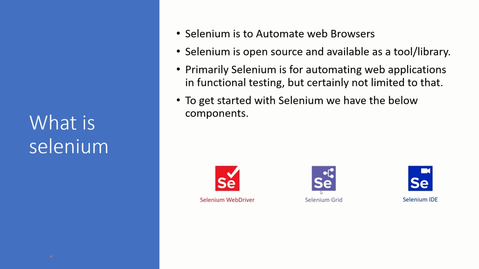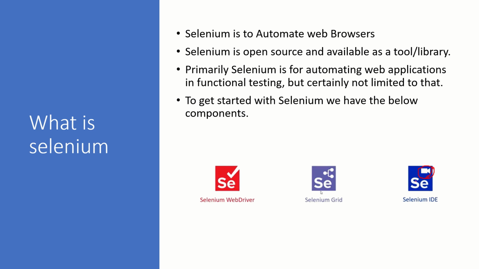To get started with Selenium, we have three major components. The three components are Selenium WebDriver, Selenium Grid, and Selenium IDE. If you ask me which of these three are tools and which are libraries: the tool is IDE, where you can see a symbol like a video, a recording symbol, and do some playback.